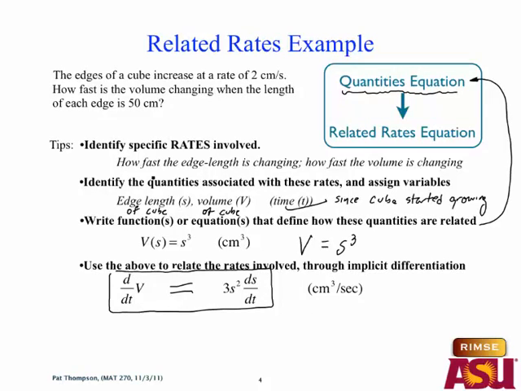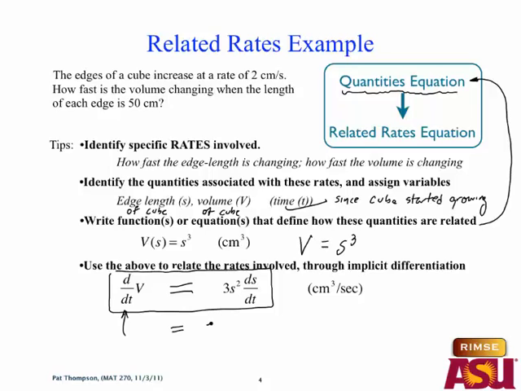It's asking how fast is the volume changing? So which one is the unknown that we're solving for? dV/dt, s, or ds/dt? If it says how fast is the volume changing, that's our unknown. So our unknown is dV/dt. That means somehow we have to know what s is.